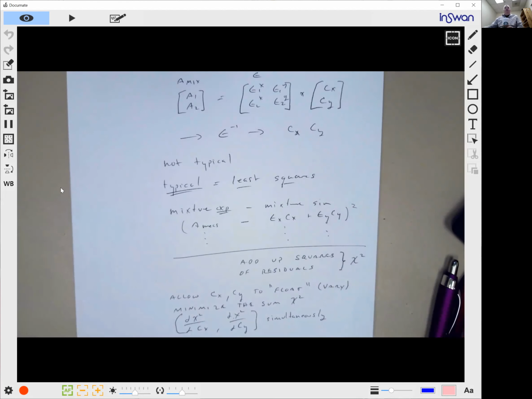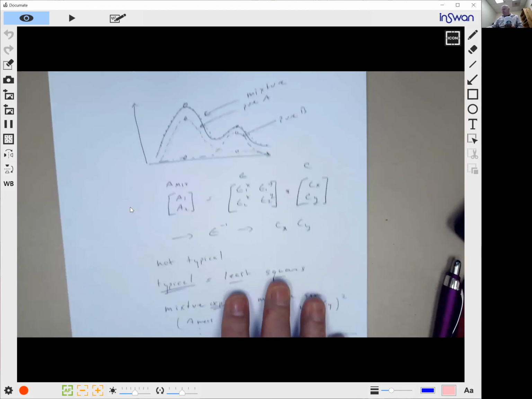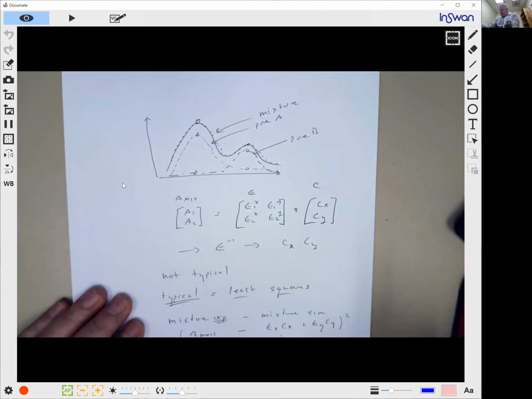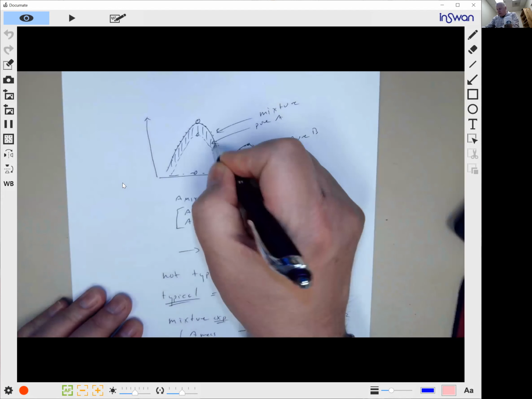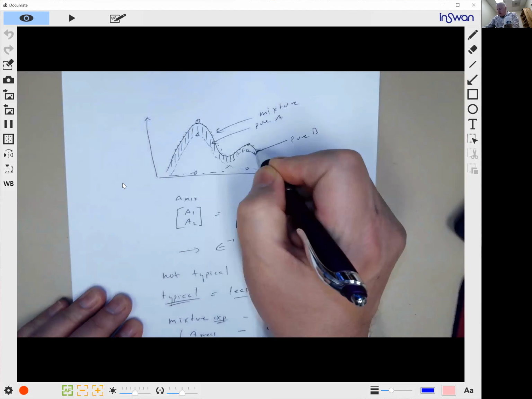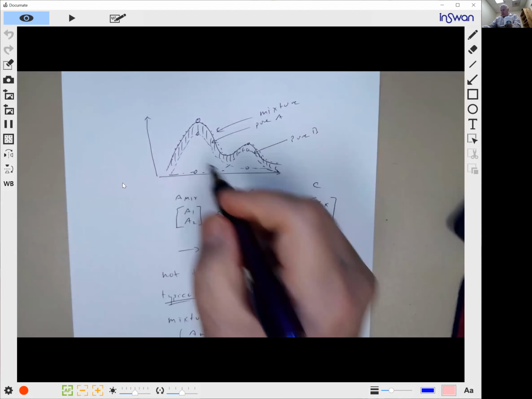But let's ask ourselves what is going on here. Let's go back to this. If we're minimizing chi squared, what we're doing is adding up the sum of the squares.